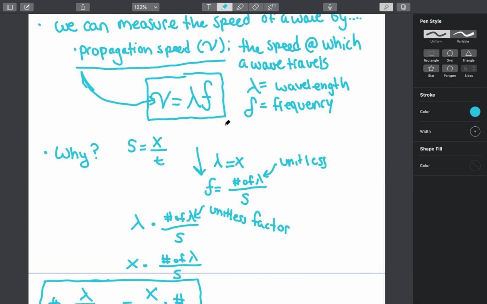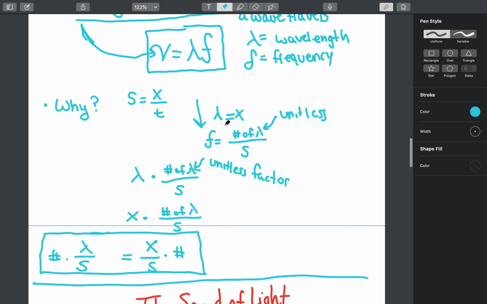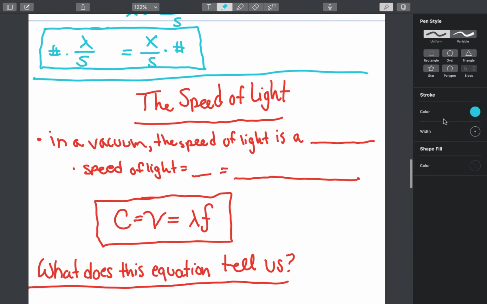So now let's take what we learned and apply it to light itself. So let's change my color here. So in a vacuum, the speed of light is a constant. And the speed of light has actually been found to equal 2.998 times 10 to the 8th meters per second.